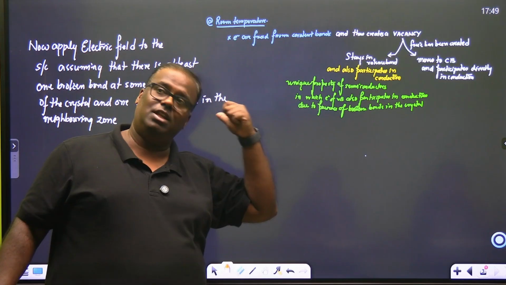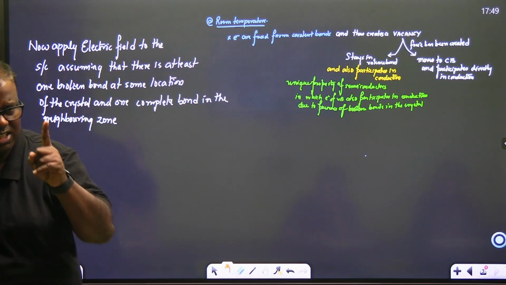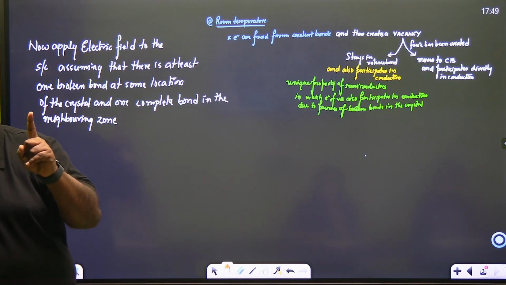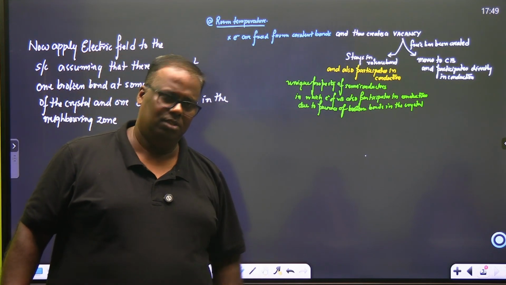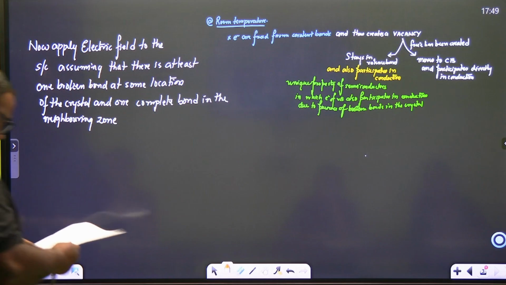And while we apply the electric field, we assume that there is at least one broken bond and one complete bond in the neighboring zone. Possible? Possible. Now let's see what happens, okay?